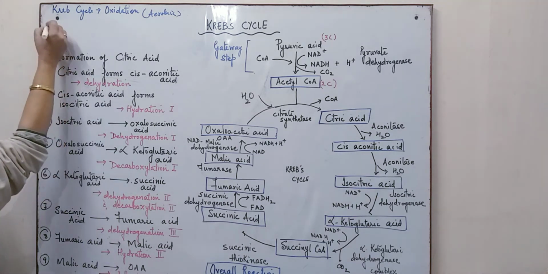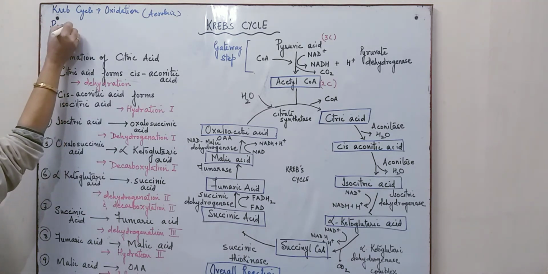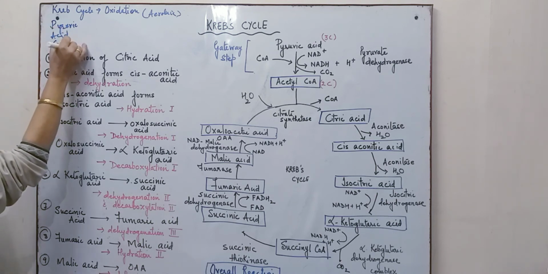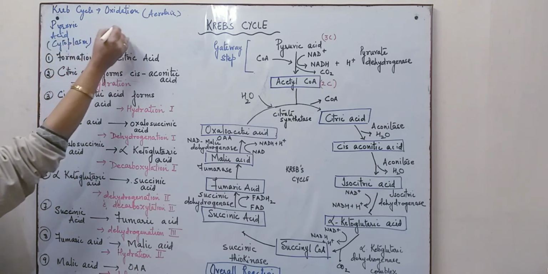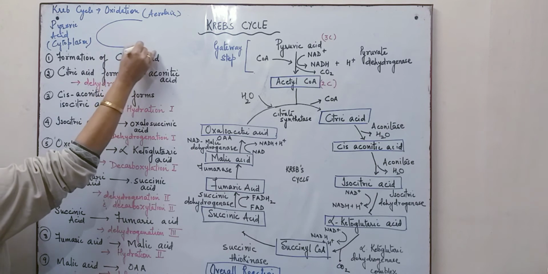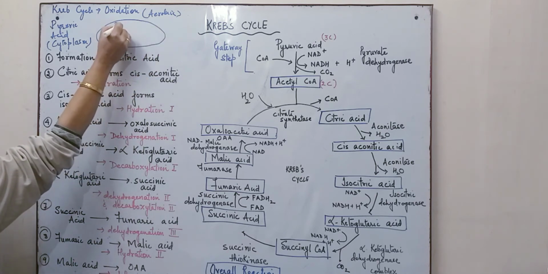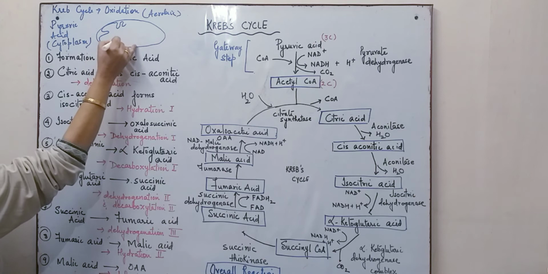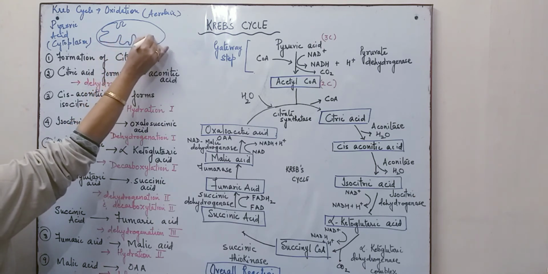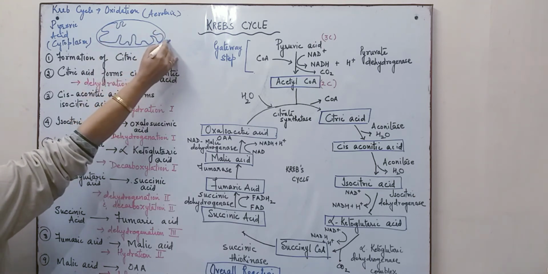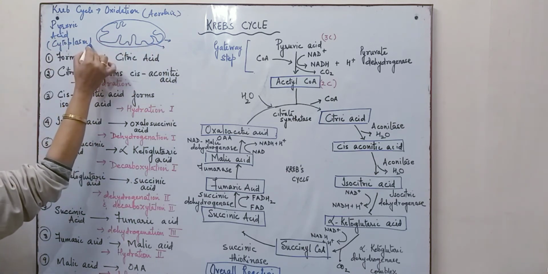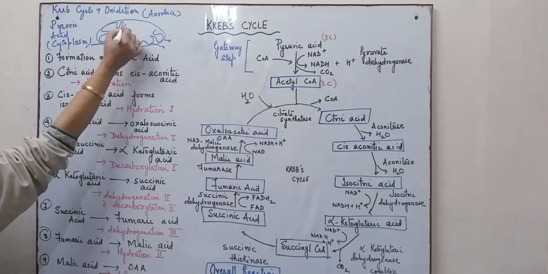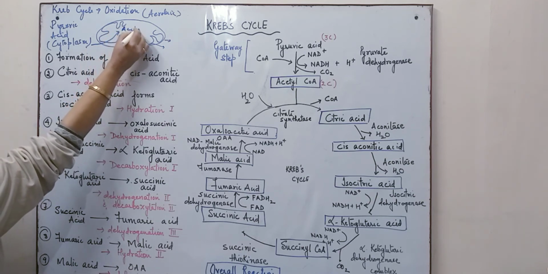The pyruvic acid, which is formed in the cytoplasm, enters the mitochondrial matrix. This is the outer lining of the mitochondria, and the infoldings are the inner membrane. So the pyruvic acid moves from here and forms acetyl coenzyme A.